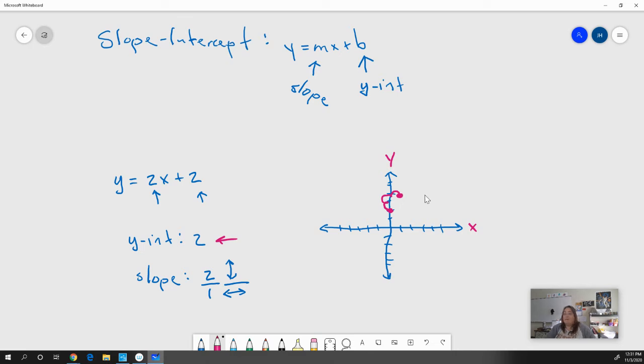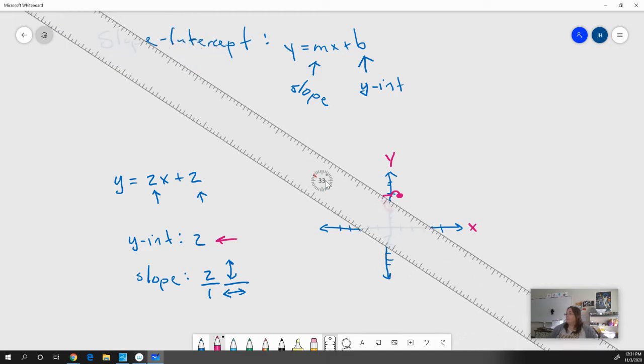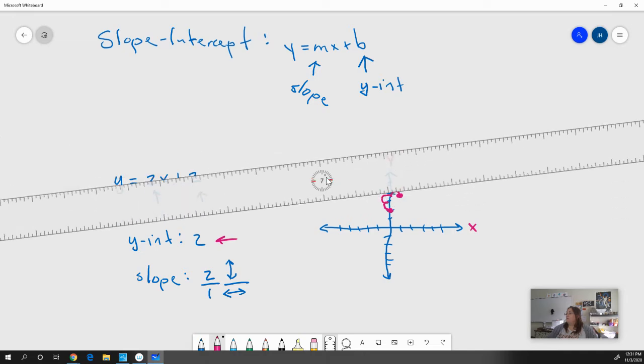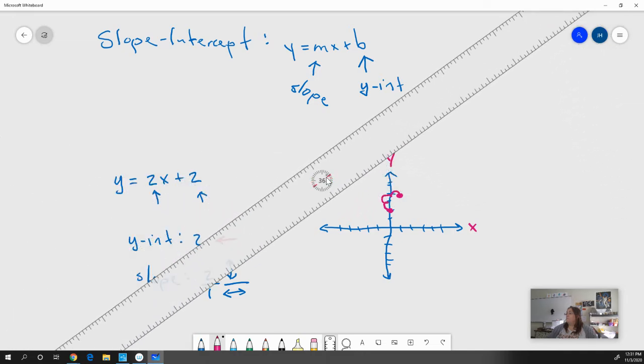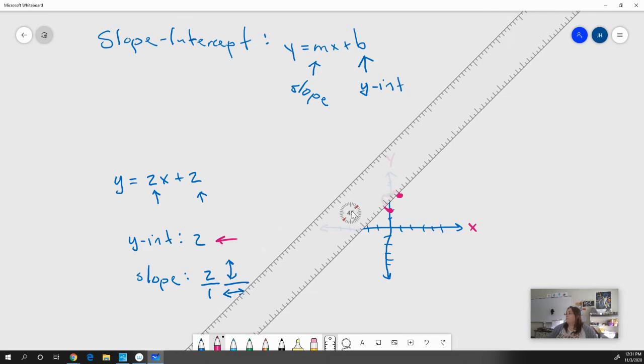That's my second point. And then I can hopefully pull out my ruler here. Let's see how far I have to go. I'm almost there.